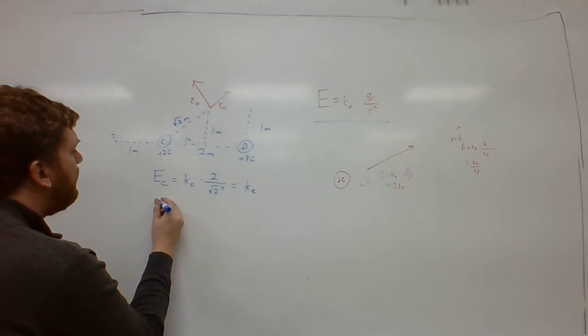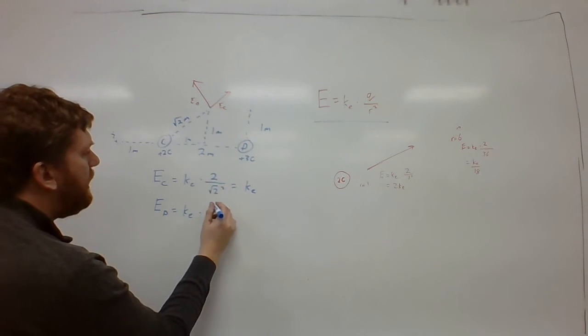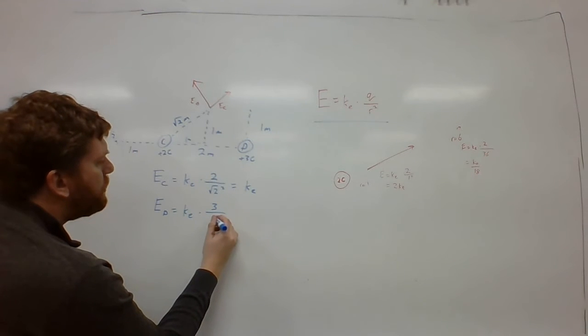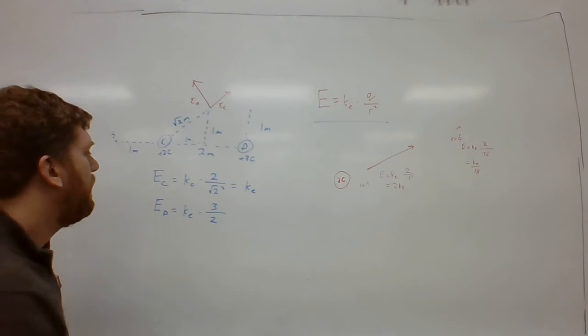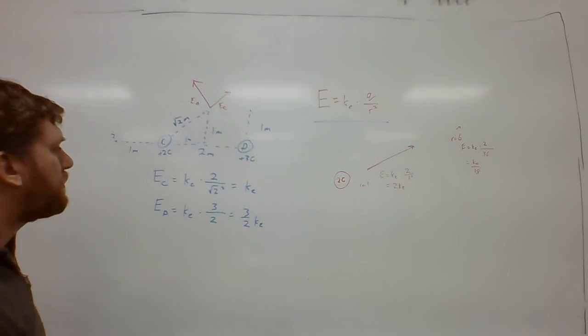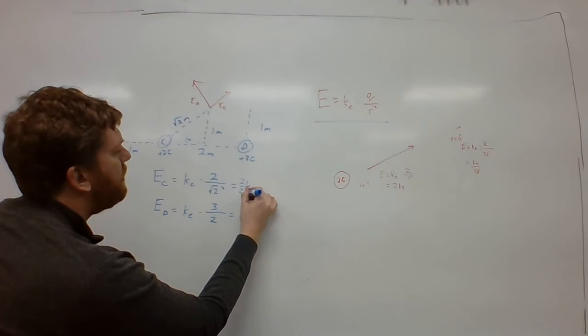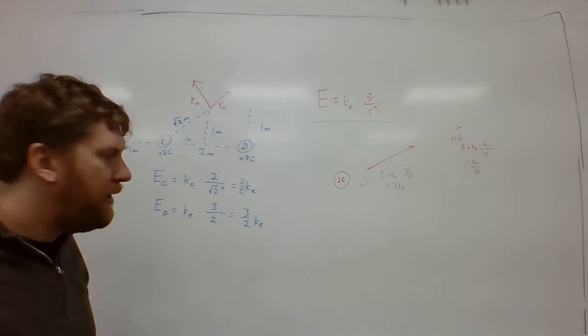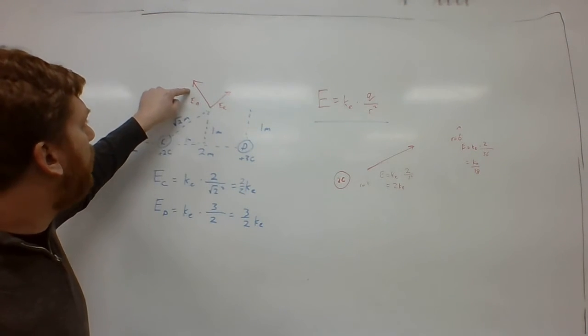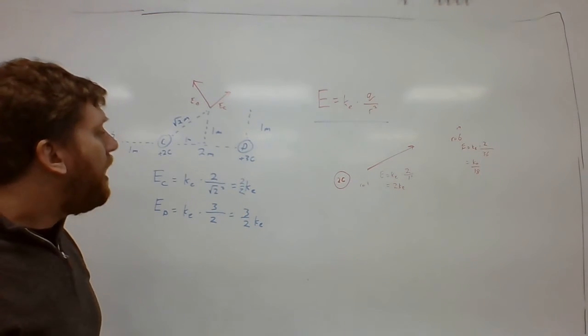Our electric field at D is k sub e times 3 over, again, √2 squared, which is going to be 2, equals 3/2 k sub e. And so this is 2/2 k sub e. Let's just make it 2/2 and 3/2 so we have a common denominator. This will be 1.5 times as long as that. And I think I drew them just about right.